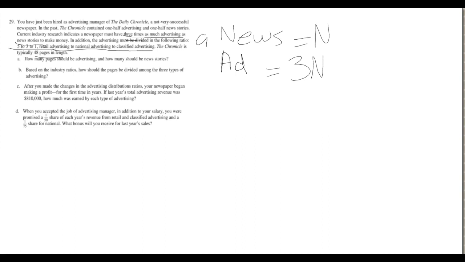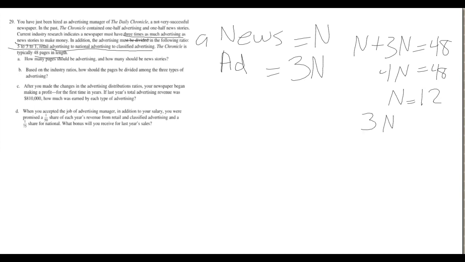All right, so we have to know that when we add these 2 up, we get 48. So N plus 3N has to equal 48. And then you can just solve from here. So 4N equals 48. Divide each side by 4. N, the number of news pages, is 12.